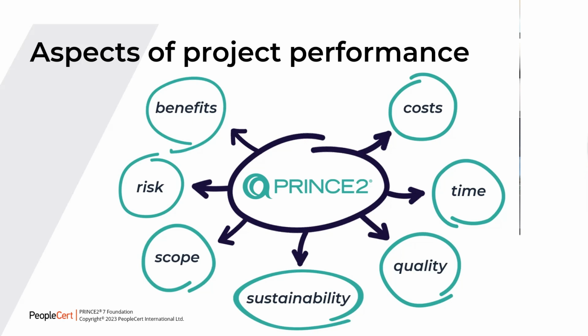So I'll start with sustainability. Sustainability is put in the context that every project has an impact in some way on either the environment or the sustainability performance that has been set by the project.